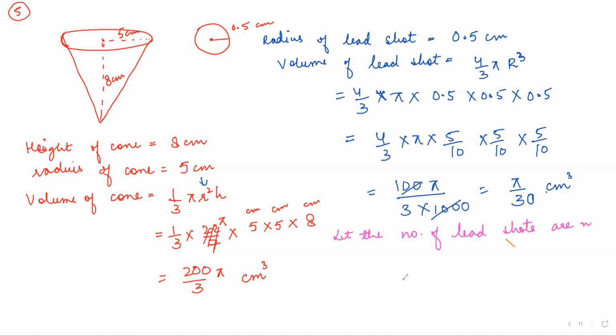Okay. So basically the volume of n lead shots is equal to 1/4 of the volume of cone, isn't it? Because 1/4 of the volume of water is flowing out. So that volume is equal to the volume of the lead shots.